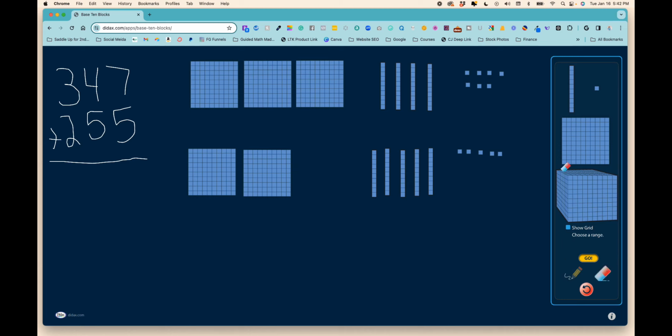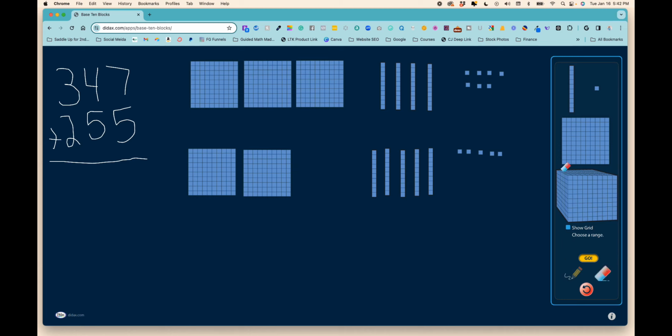So we're going to trade these 10 tens, but I have to replace it with a hundreds block. Once I made that trade, I have 0 tens left over.